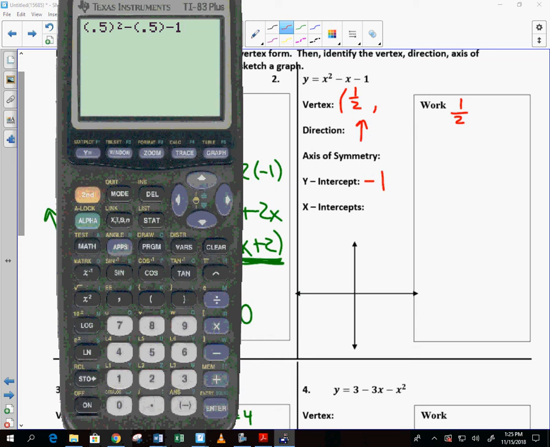As long as you can use that calculator to type it in correctly, that's what we want. Get negative 1.25. Or negative 1 1/4. So because of that, what else do I know? Is x equals 1/2.